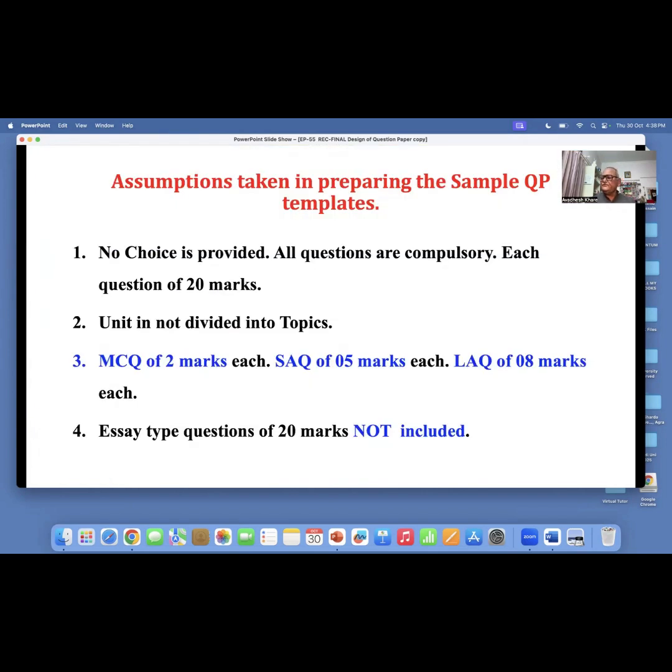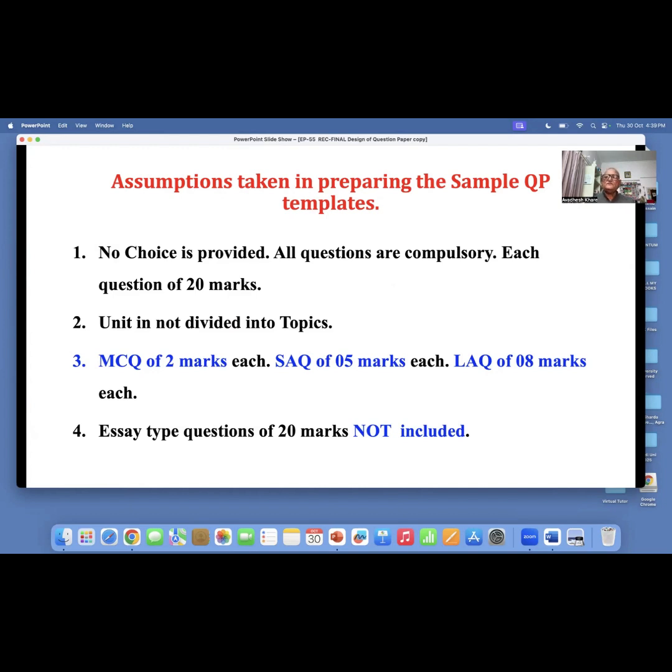Some assumptions have been made in designing the question paper template. Assumptions taken in preparing the sample question paper template: No choice is provided. All questions are compulsory. Each question is of 20 marks. Unit is not divided into topics; I have considered both topics 1 and 2 clubbed into one.